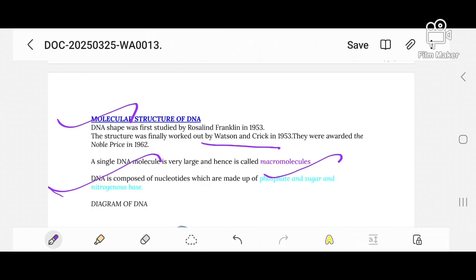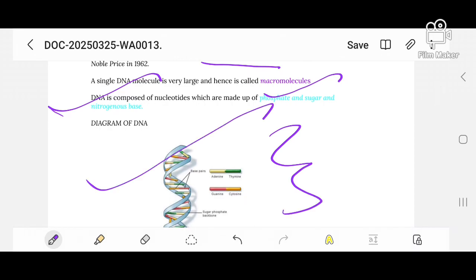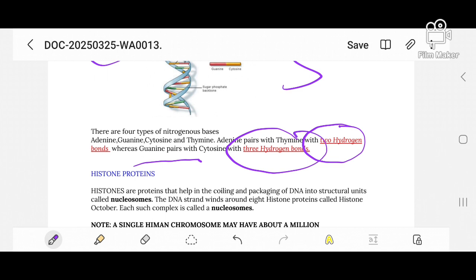Macromolecules, DNA, nucleotides, the 3 components of nucleotides, diagram of DNA. There are 4 types of nitrogenous bases: adenine pairs with thymine with 2 hydrogen bonds, guanine pairs with cytosine with 3 hydrogen bonds.